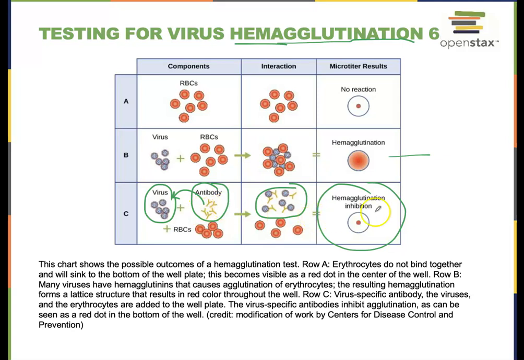In letter C, the reaction is no hemagglutination inhibition, so no reaction, but it's because you've been infected before and you've made antibodies that are now counteracting the clumping mechanism of the virus. So you can tell by the reaction whether or not you have been exposed to the virus before because you have antibodies, or that you have an active infection and it's the first time because you have viruses clumping your red blood cells. Okay.